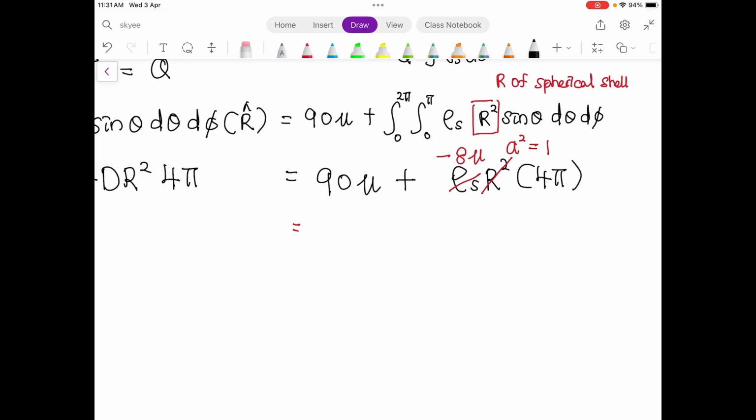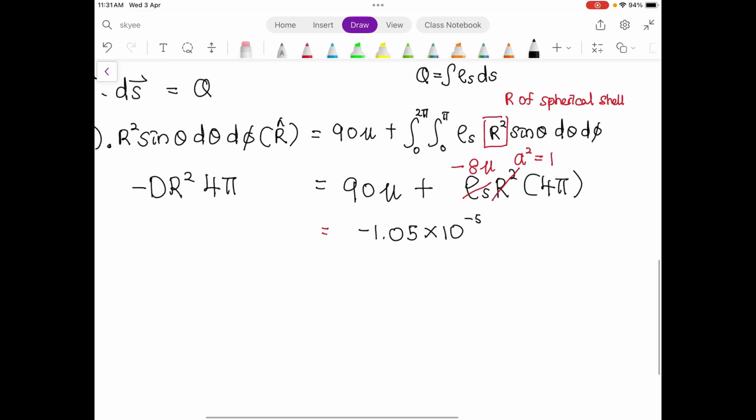So this one will be negative 1.05 times 10 to the power of negative 5. And then your D would be negative 1.05 times 10 to the power of negative 6 over 4 pi r squared.